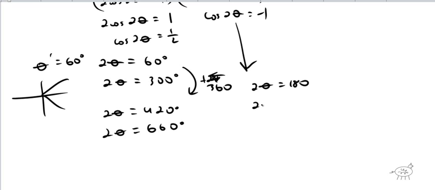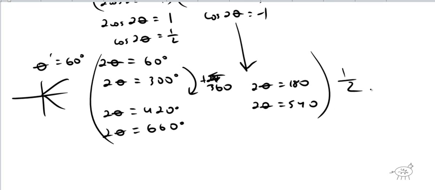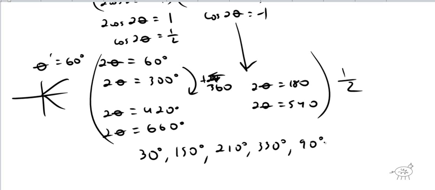And then coterminal to that, I add 360, I get 2 theta equals 540. Now with all these, I need to multiply by 1/2 to get my answers. So I wind up getting 30 degrees, 150 degrees, 210 degrees, 330 degrees, 90 degrees, and 270 degrees. Not in order, but that's okay.